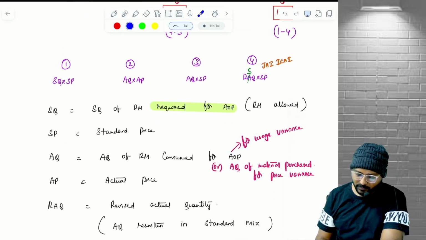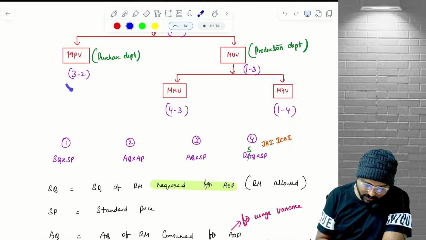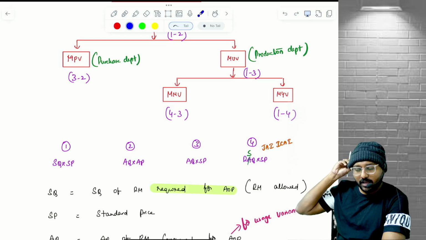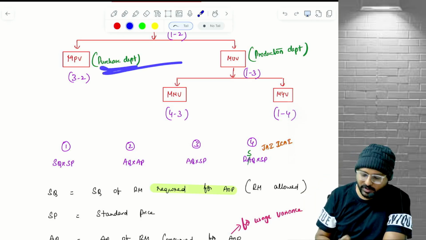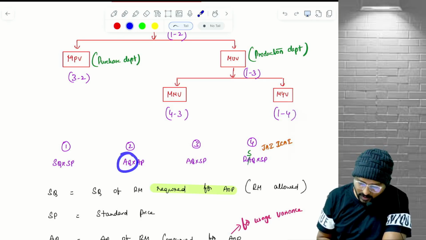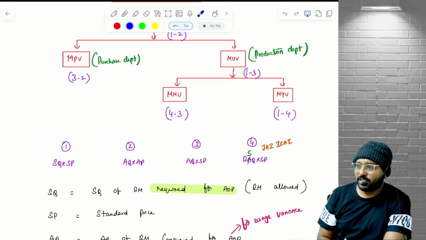Listen carefully. Suppose AQ you're using for calculating price variance, MPV. Price variance usually will be calculated by which department? Purchase department is responsible. In that case, AQ will be actual quantity of raw material purchased.